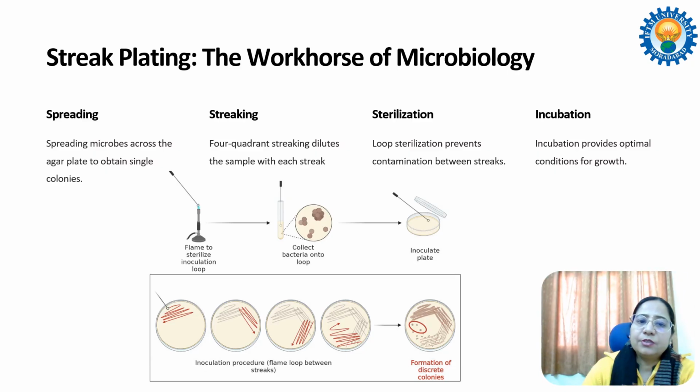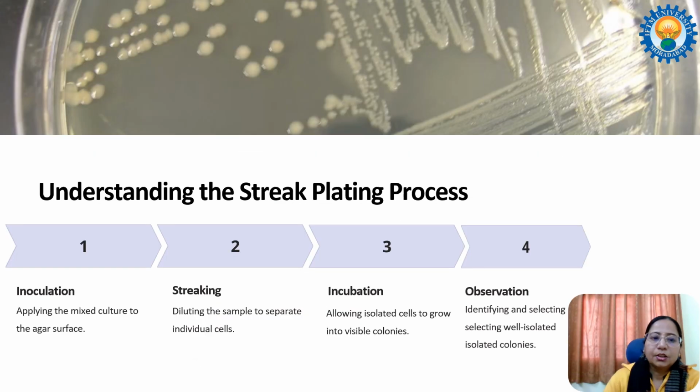Then after the streaking process, one can sterilize the loop, because once we have used the inoculation loop, it has to be sterilized every time if we utilize it for the next experiment. After the inoculation of the microbial culture, we have to grow the microbes, and that is known as incubation. Incubation means that we provide the optimized condition for the growth.